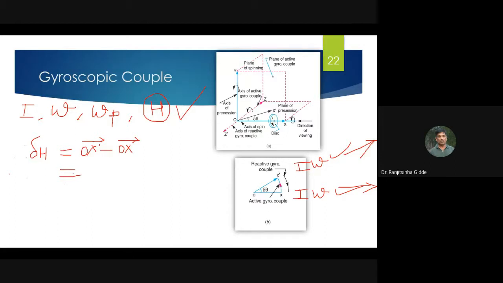Now, before writing the next step, you can write, change in angular momentum, in bracket delta H, exists because of change in direction of momentum.